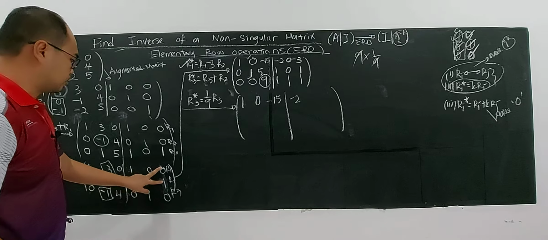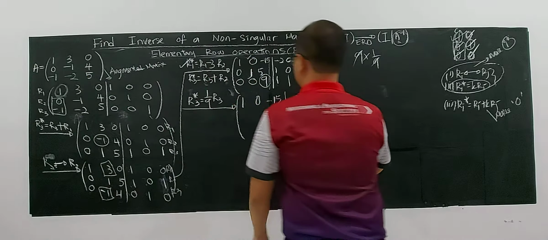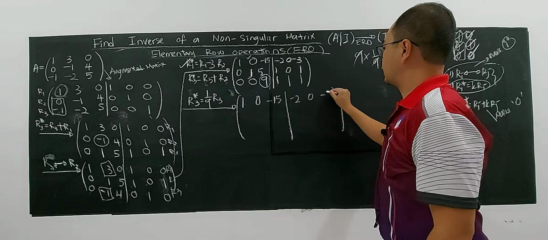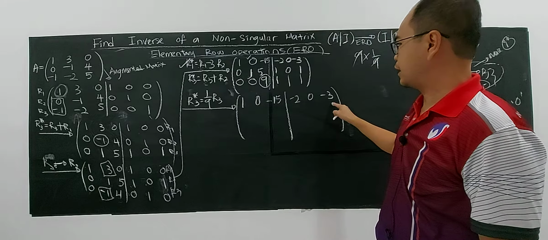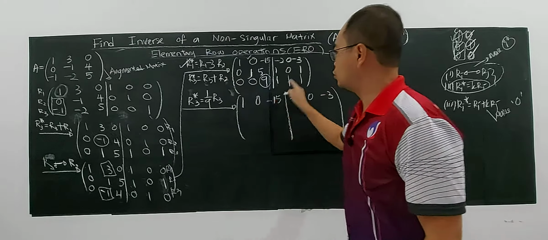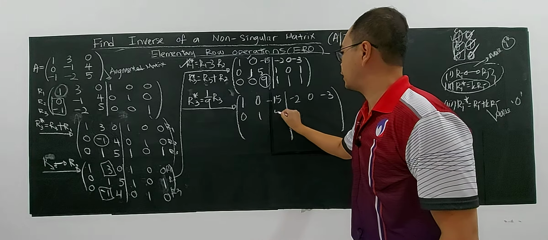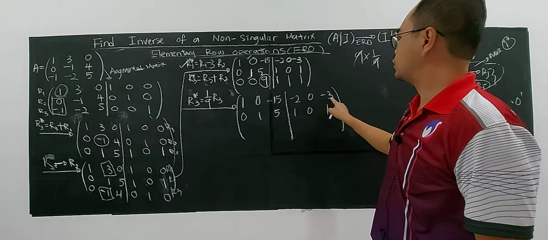And for this, 0 and 1, negative 3. Yes. So negative 2, 0, negative 3, right? So row 1 maintain. And for row 2 also maintain: 0, 1, 5, 1, 0, 1. Then negative 15, negative 2, 0, negative 3.